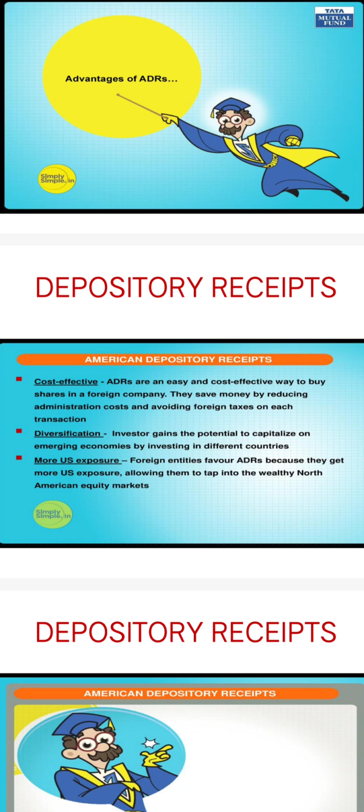Investors gain the potential to capitalize on emerging economies by investing in different countries. The third advantage is more US exposure. Foreign entities favor ADRs because they get more US exposure, allowing them to tap into the wealthy North American equity shares.